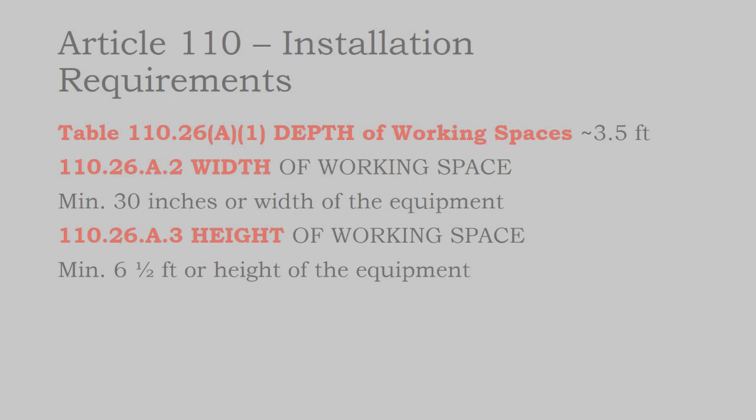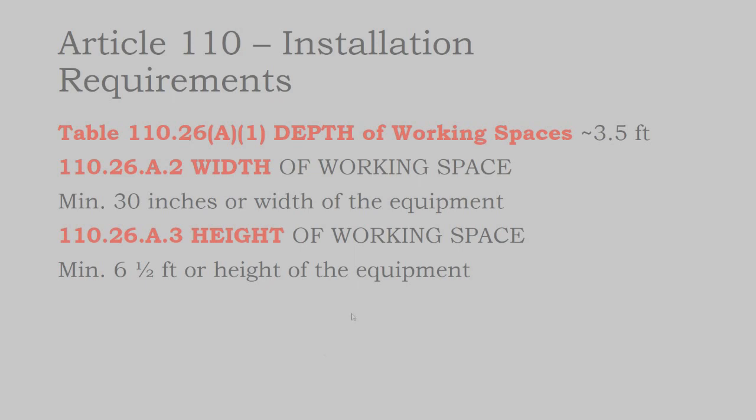So you at least need to have the width of the equipment clear at minimum. And then you need, beyond the width of the equipment, a minimum of, from one side to the far side, 30 inches of working space. Now, whether or not that working space is centered or offset doesn't really matter so much.